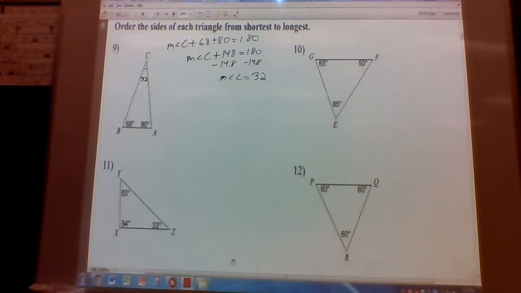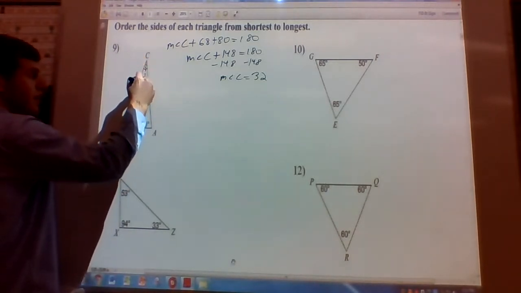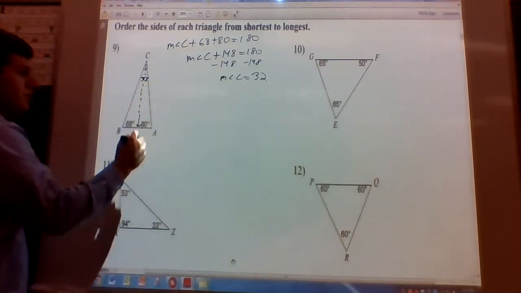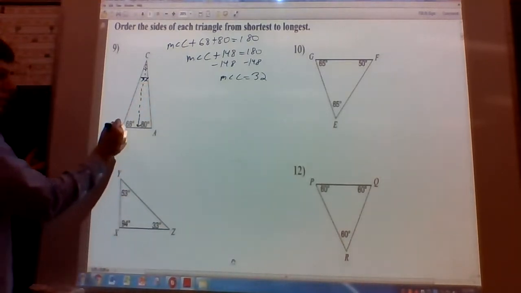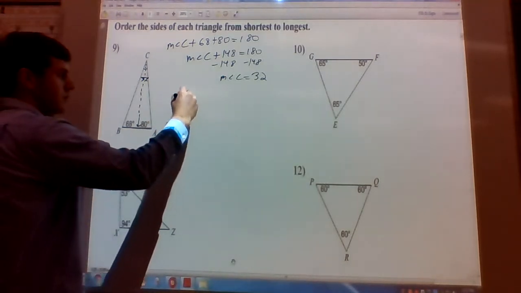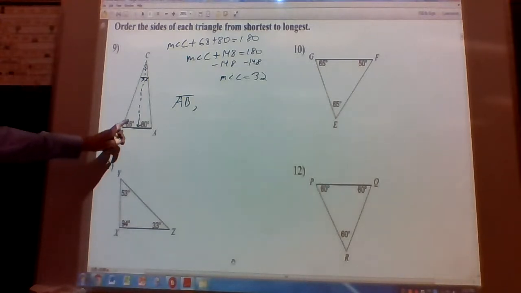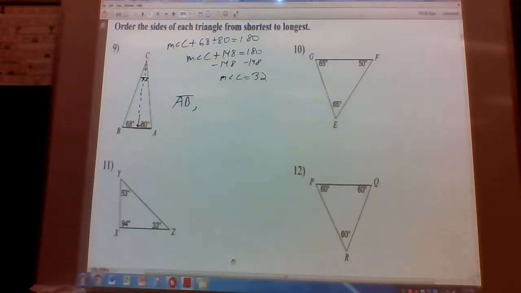We asked ourselves which angle is the smallest, and 32 degrees is the smallest. So angle C. So we look for the side that is opposite angle C, which is AB. So AB is the shortest. Our 2 angles left are 68 and 80.